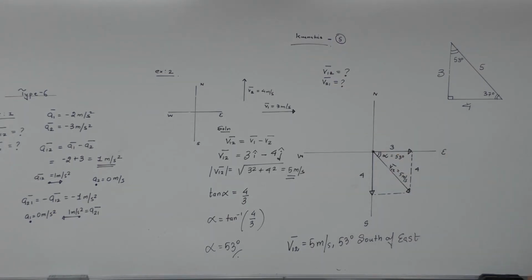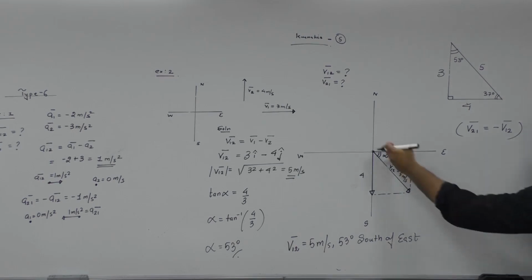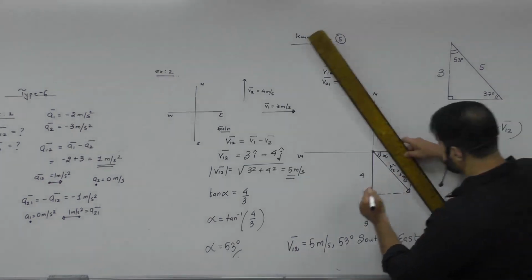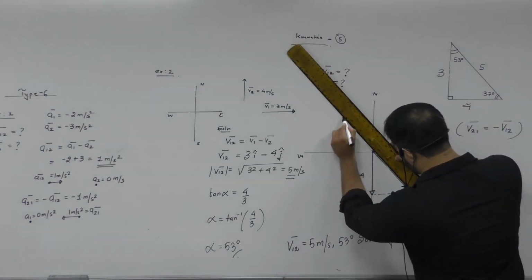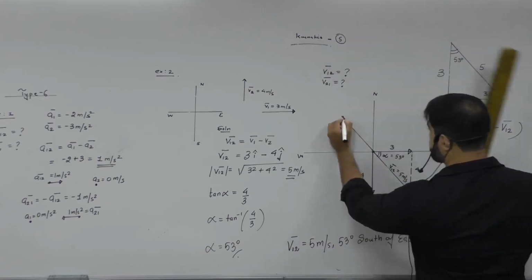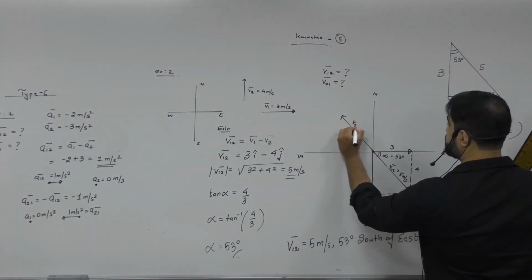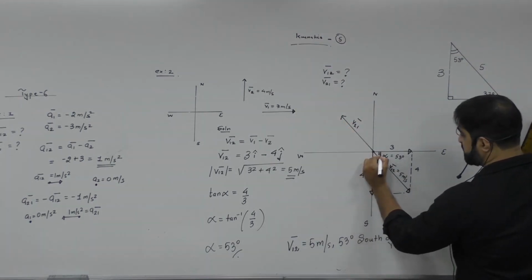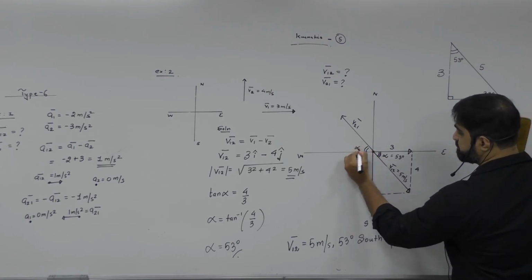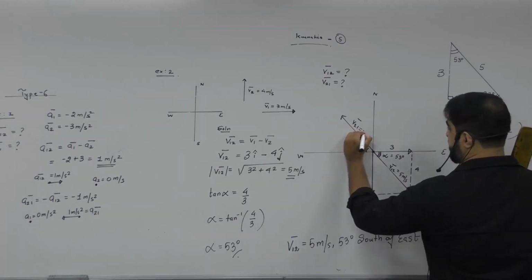Now they have asked you V21 bar also. Very simple it is. You know V21 bar is minus of V12 bar. Means if V12 bar is this, the vector opposite to this will be what? V21 bar. And this is alpha. So can I say this is also alpha? And this magnitude will be 5 only.